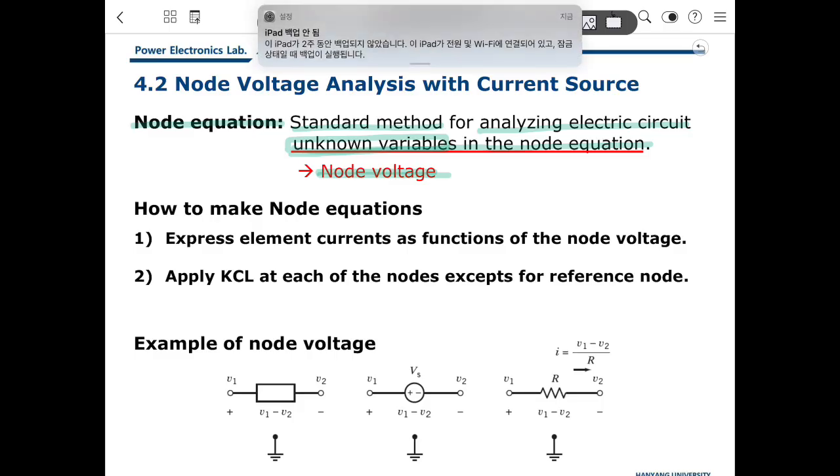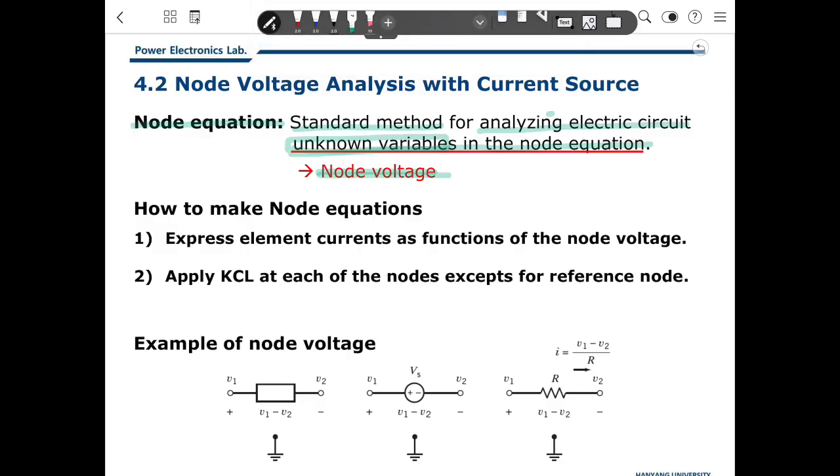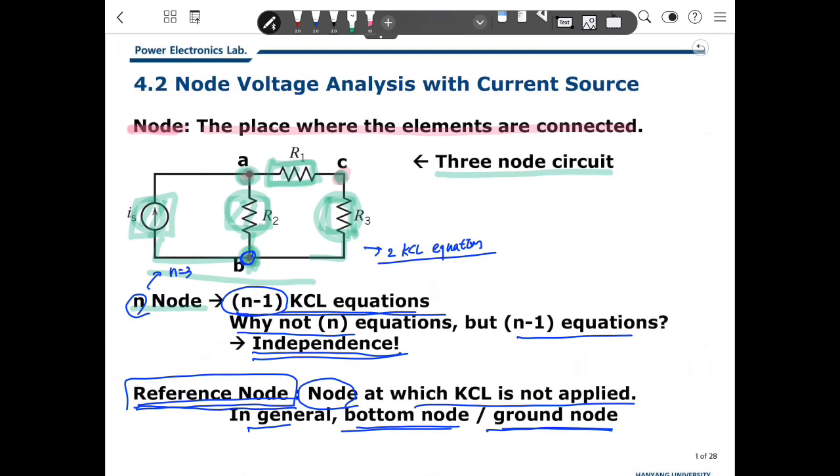So from there, we only told you that if we have n nodes, then there are n minus 1 KCL equations, because among the n nodes, one node is the reference node, so there are n minus 1 nodes.